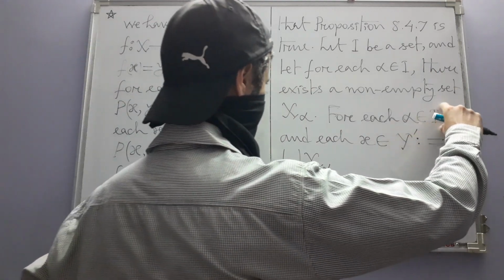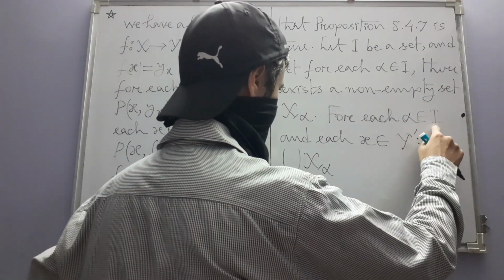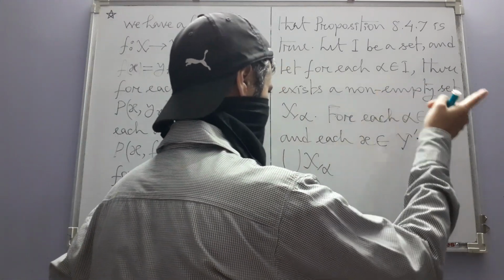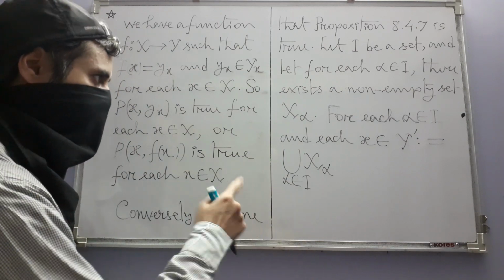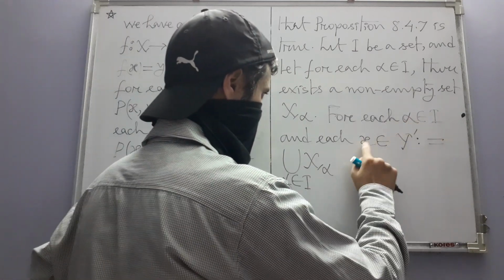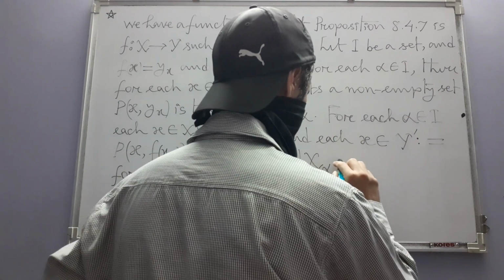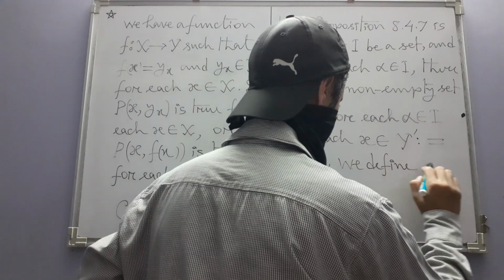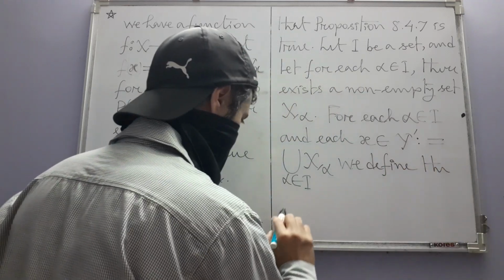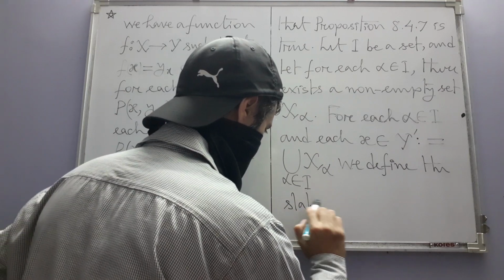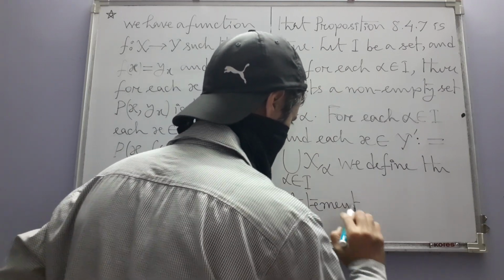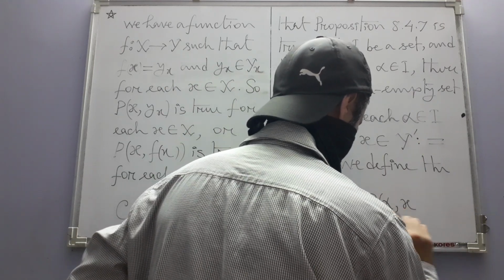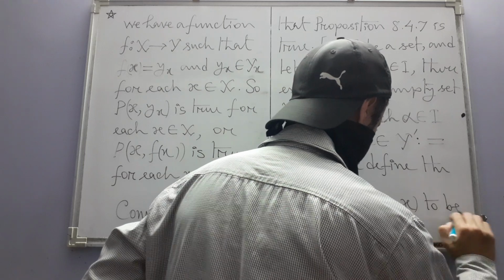So this is our first set in place of that X, which is I, and this is our second set Y prime. Previously we took x from X and y from Y. Now we are taking alpha from I and x from Y prime. We defined the statement P of alpha comma x to be this statement.